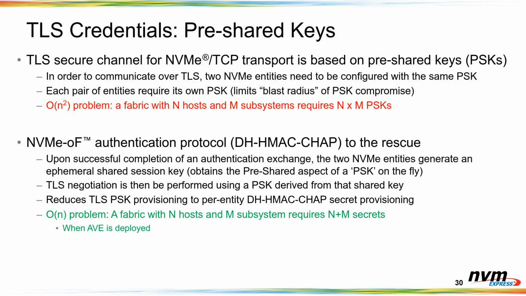If you can do the provisioning as Claudio has described in the earlier slides of DH-HMAC-CHAP, then DH-HMAC-CHAP itself can be run to generate the required PSKs, and we haven't made provisioning any more complex. And the upshot is that when this is deployed, we have only an order of n problem. A fabric with n hosts and m subsystems only requires n plus m secrets, the sum, not the product.